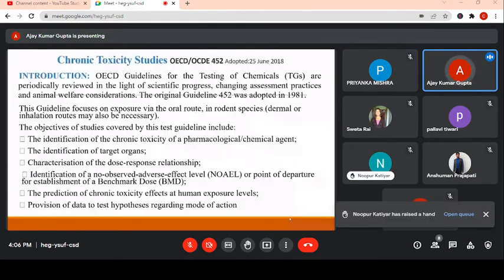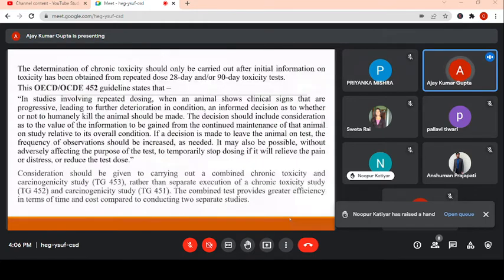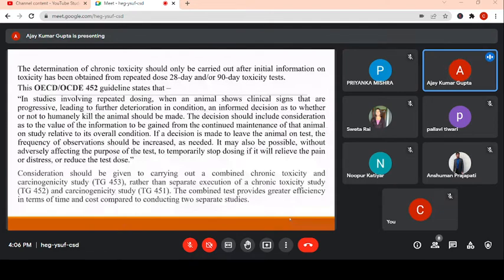Determination of chronic toxicity should only be carried out after initial information on toxicity has been obtained from repeated dose 28 days and or 90 days toxicity tests, as stated in the previous slides. This OCDE 452 guideline statement has been put here without being modified. So first I will read it out and then I will make you understand what it states.